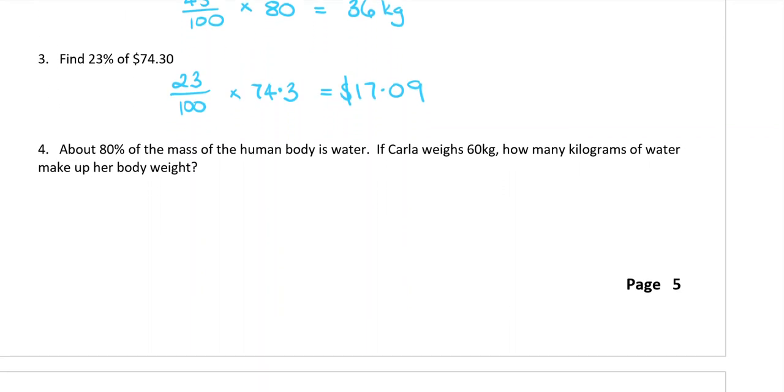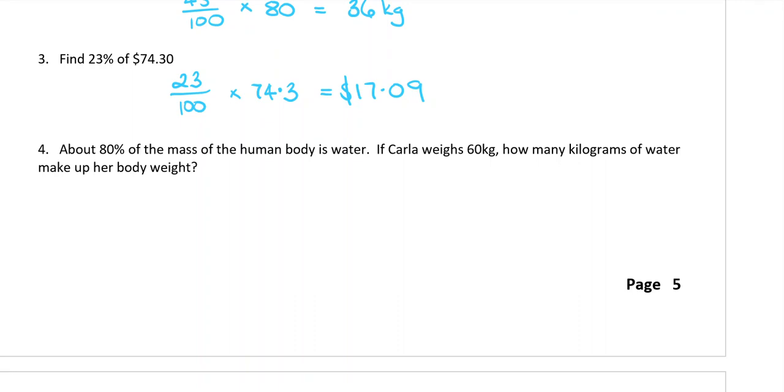Question 4 is just a wordier version. It is still doing the same kind of calculation, but it will try to confuse you by putting a whole lot of extra words in there. So it says about 80% of the mass of the human body is water. If Carla weighs 60 kilograms, how many kilograms of water make up her body weight? I want to find out what 80% of her weight is. That's the short version. So 80% means 80 over 100.